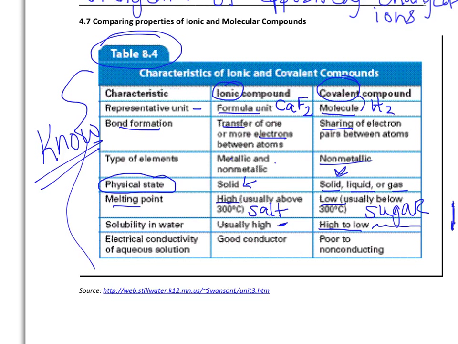And then conductivity in a solution. Ionic compounds stirred up, such as salt water, are going to be conductive, whereas sugar water is not going to be conductive. And we also explored that. So just make sure that you understand and know these different comparisons and characteristics of the two main types of bonding here.